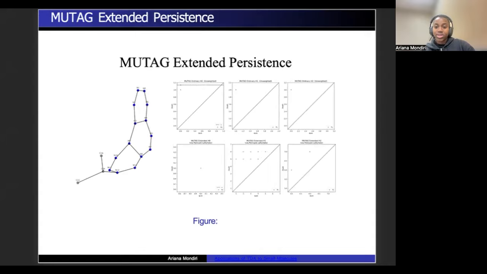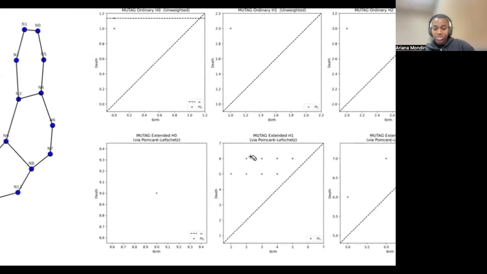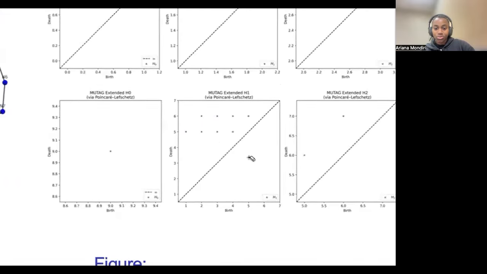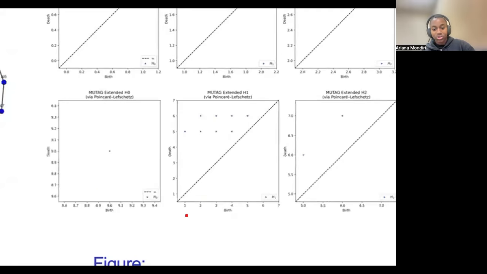This difference is captured by the persistence diagram using extended persistence for the homology group 1. If you look at the MUTAG, here we have 8 features. And if you look at the molecule 195, you have an extra feature. If you look at the range 2, there's a difference that we can notice for the birth for the molecule 195. It starts at 1 and it ends at 6. For the MUTAG, it starts at 1 and ends at 5.